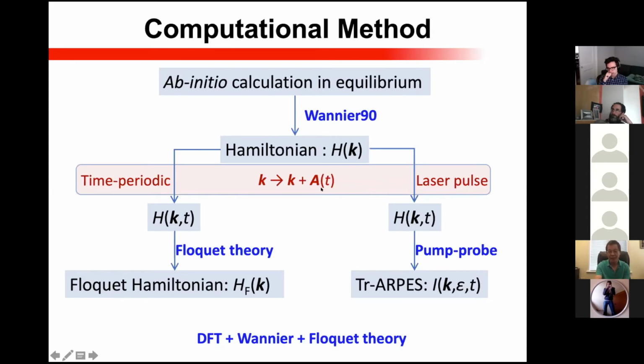On the other hand, if this vector potential is not time periodic, like in pump-probe experiments, you can simulate the ARPES, which stands for angle-resolved photoemission spectra, to compare to experiments. In summary, we developed a scheme using density functional theory plus linear function fitting, and you can develop a first principles based Floquet theory to do all the Floquet band structure calculations.